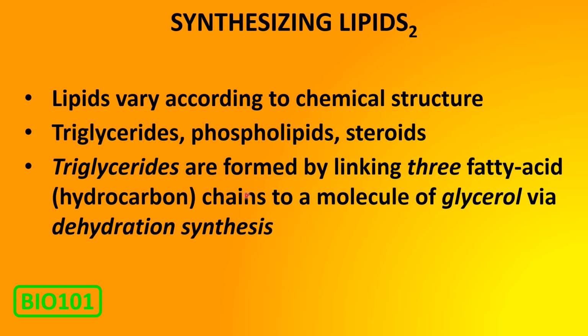So triglycerides, and you're familiar with that term, are formed by linking three fatty acids. That's your monomer subunit, three fatty acids, to a molecule of glycerol. And again, how do you hook the fatty acids onto the glycerol molecule? Think about it. How do you do it? Dehydration synthesis. You remove water.